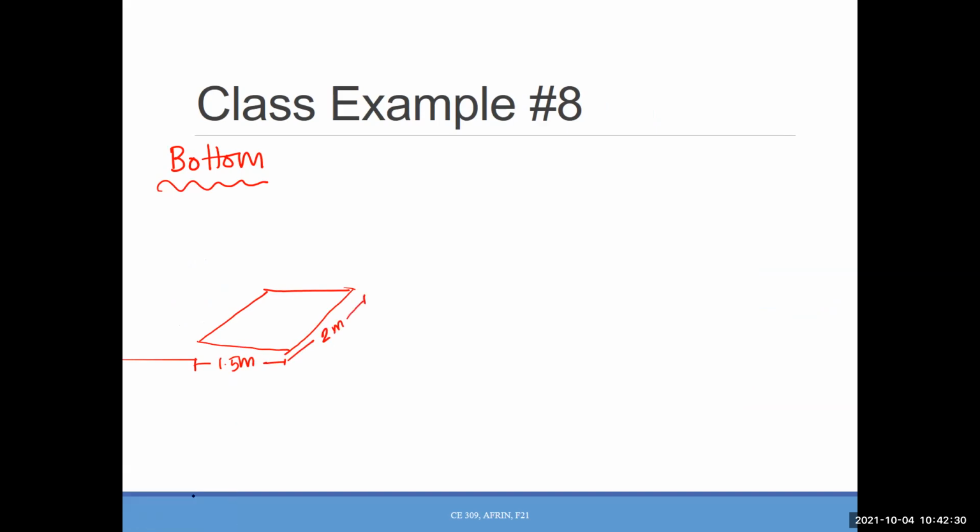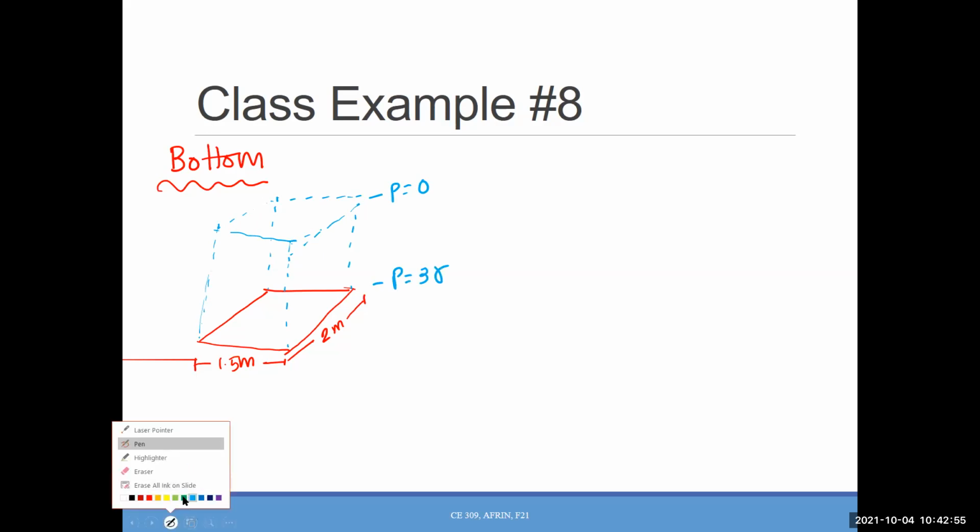I will try to draw a 3D. So here pressure is 0, here pressure is 3 gamma. Basically, that is the pressure on each side, right?